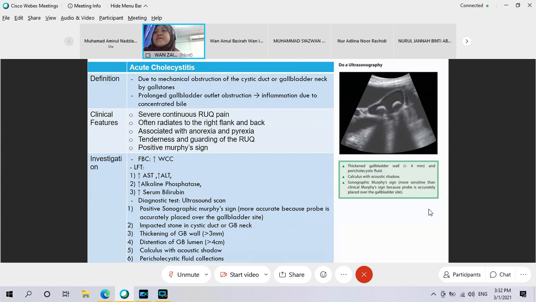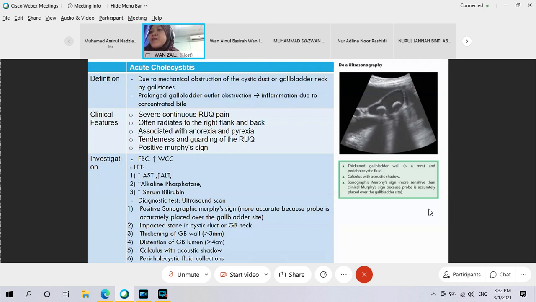White count is high, kan? Ada some sort of infection and obstruction, kan? Derange sikit dia punya liver function, serum bilirubin could be higher than normal, macam tu, right?